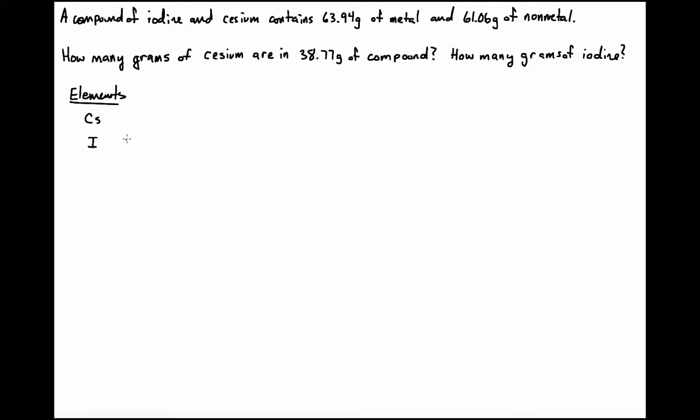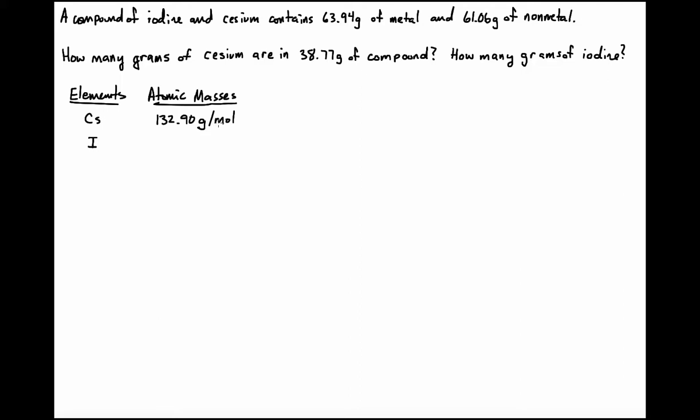Capital I is the abbreviation for iodine. So elements have atomic masses, and we got that from the periodic table. Cesium is 132.90 grams per mole.